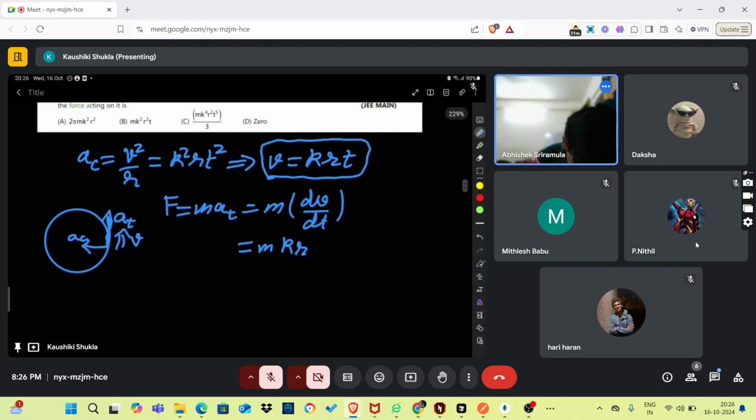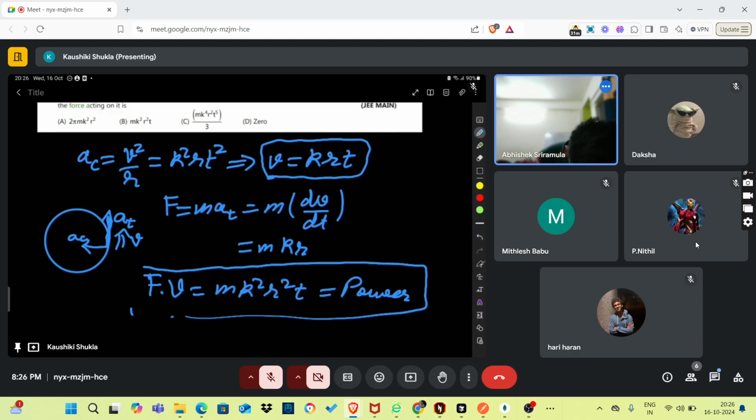So force you got, and now velocity is there. F dot v equals m k squared r squared t. According to the formula, this is the power. I hope you got it.